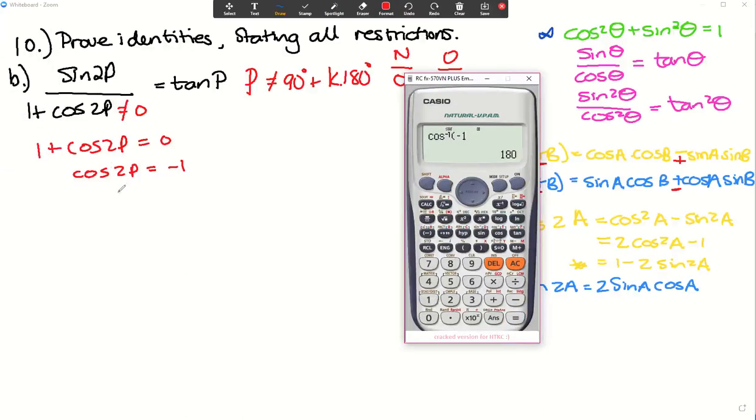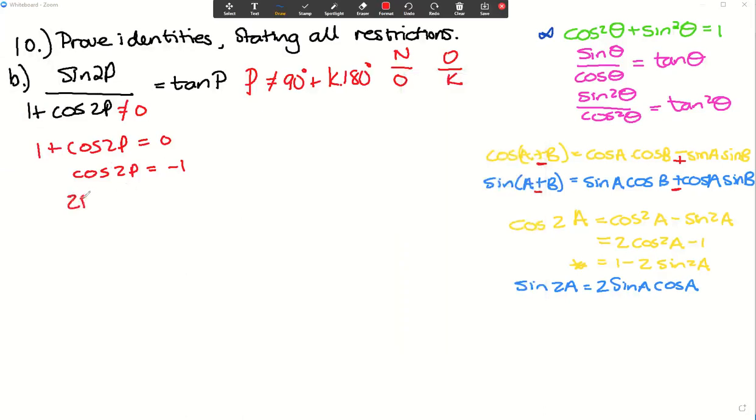So our restriction here ends up becoming 2p is equal to plus minus 180 degrees plus k times 360. But I want to know what p is, so I divide everybody by a 2. Therefore, p ends up being plus minus 90 degrees plus k times 360. And there's our restrictions for p.